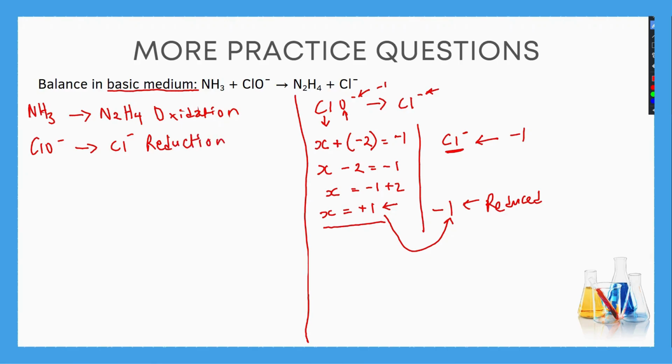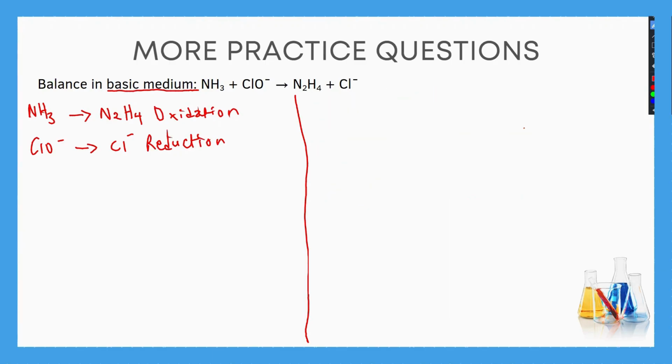Now that we have identified the oxidation half and the reduction half, the next rule says we are to balance all the other atoms apart from oxygen and hydrogen. So let's do that. In the first equation, we have NH3 yielding N₂H₄. Apart from oxygen and hydrogen, do we have any other atom in this equation?